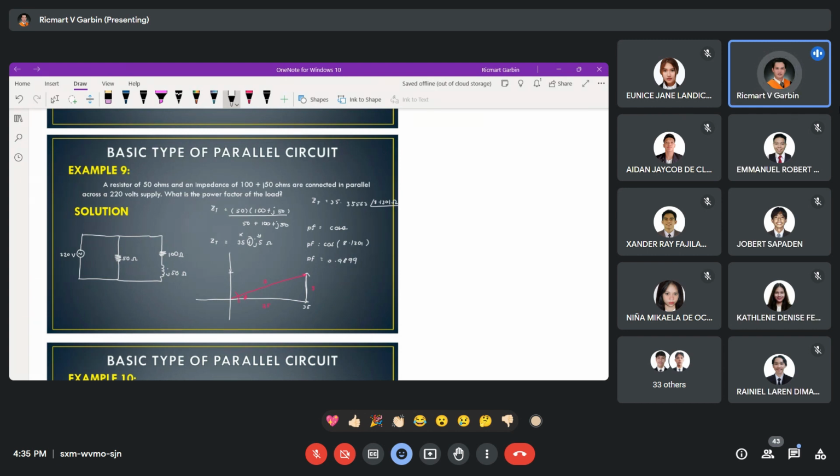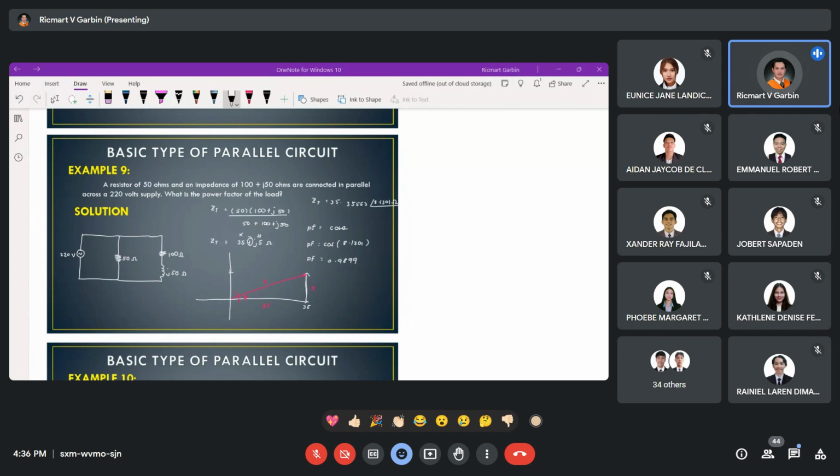So ano to? Leading or lagging? Is this a leading power factor or a lagging power factor? Okay, bakit lagging? Hindi po greater than 1.